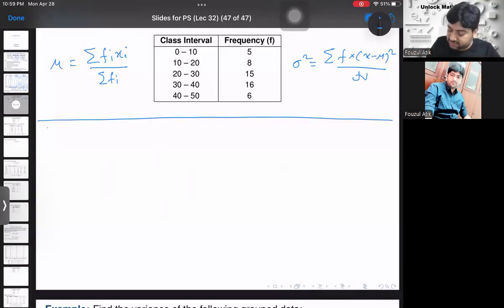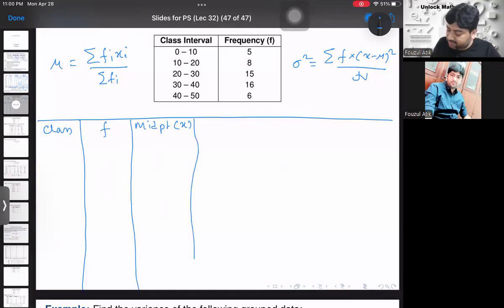Correct? So first you make the class value. The next is the frequency, small f, the frequency of that class. Next is the midpoint x, basically the midpoint of the interval. Then we get fi xi, so f into x, the midpoint times the frequency, calculate this value.